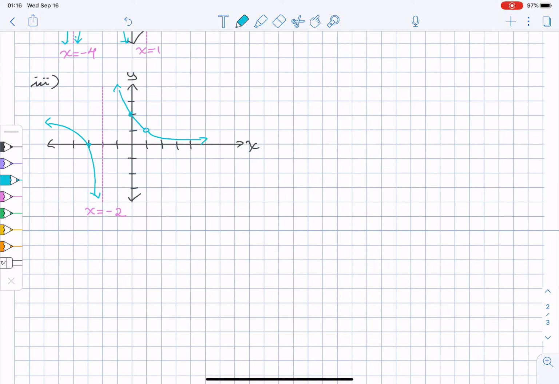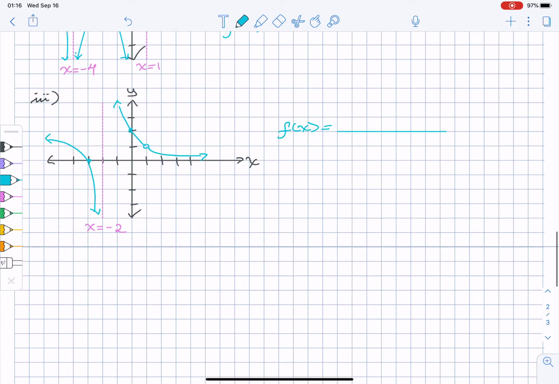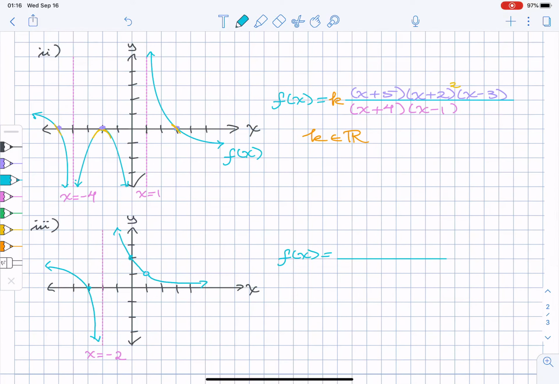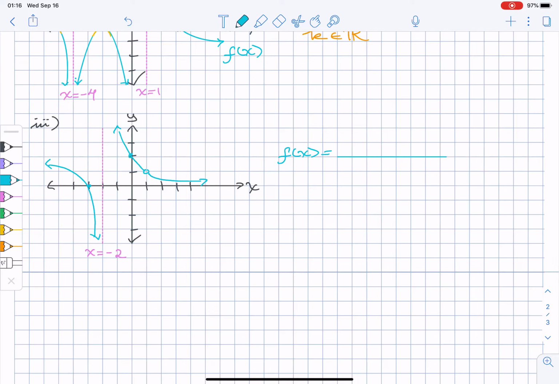Okay, so my f of x is going to be, this time I have a specified y-intercept. Not that it matters, but that's where k comes into play. We're going to augment k for the y-intercept. Don't worry, I'm not going to make you do that, just so you know.